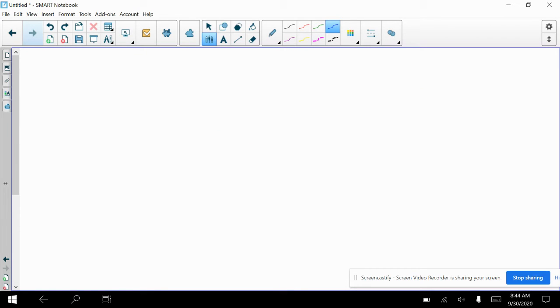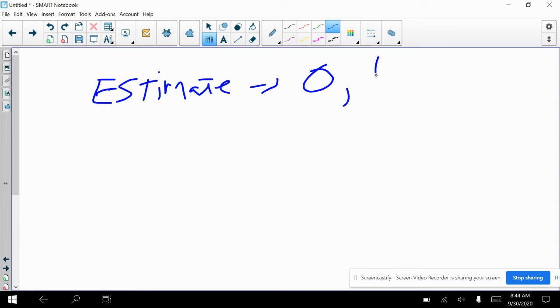Okay, so we are going to estimate, and these are going to be fractions. We are going to estimate to the nearest 0, half, or whole number. Now we're specifically talking about fractions.